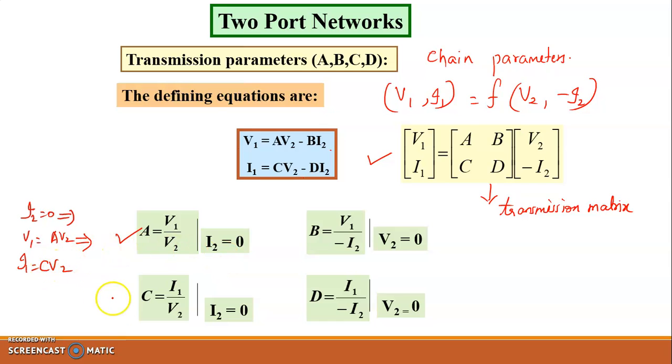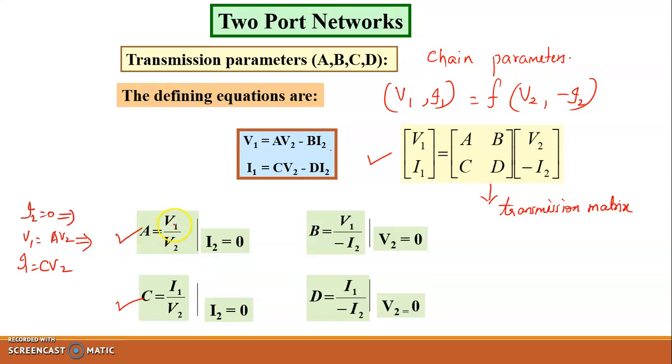In the same way C is equal to I1 by V2 at I2 equal to 0.